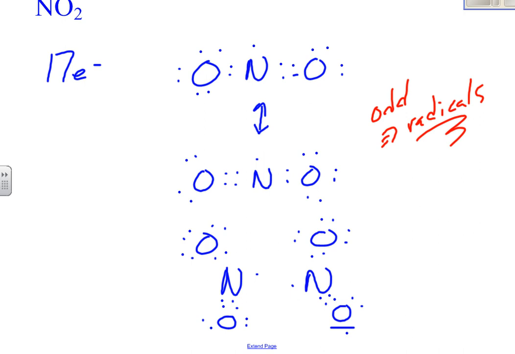Yeah, they come together. This one's got an odd number of electrons, and this one does too. So let's take our electrons together and bond them together. This is what's called a dimer. You put those 2 together, and the formula for this dimer would be N2O4.